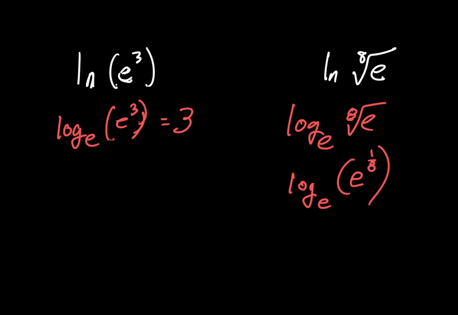Square root is some number to the 1/2 power. And again, if it's cubed, that's an exponent. If it's 1/3, that's a root. One is multiplying it by 3. One is saying, well, what number times itself 3 times gets you there? So then the answer would be 1/8, or e to what power is e to the 1/8.